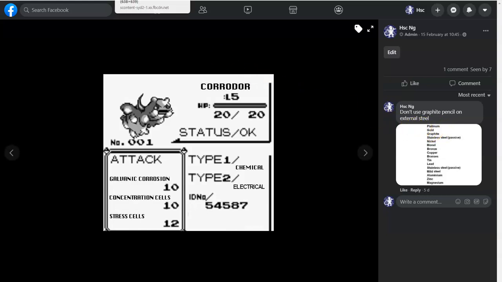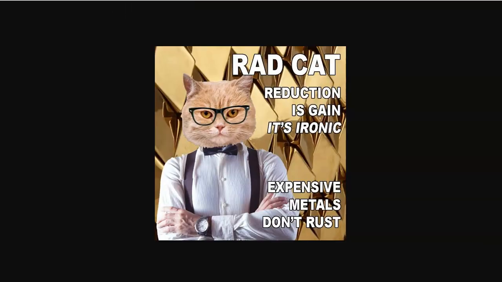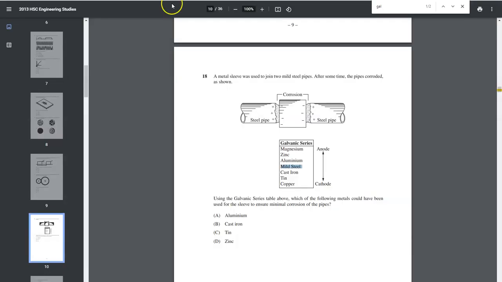Okay, so what does that mean? Well, I've got a question here, and it says a metal sleeve was used to join two mild steel pipes. After some time, the pipes have corroded as shown. Now, I don't know why we're not replacing the sleeve with another mild steel sleeve, but we're not. So instead, we have to choose another material to use.